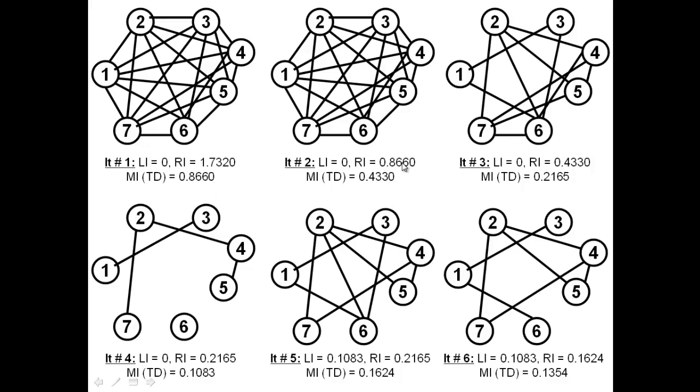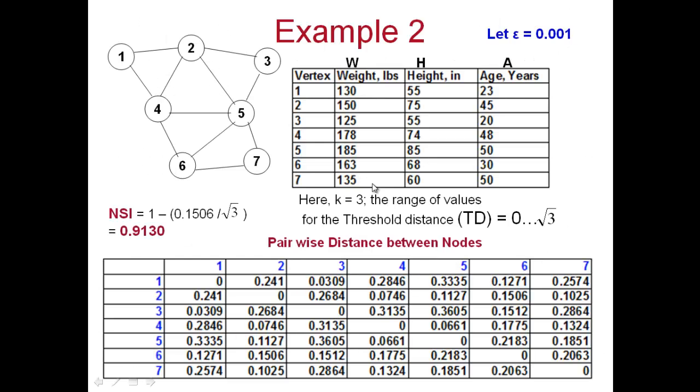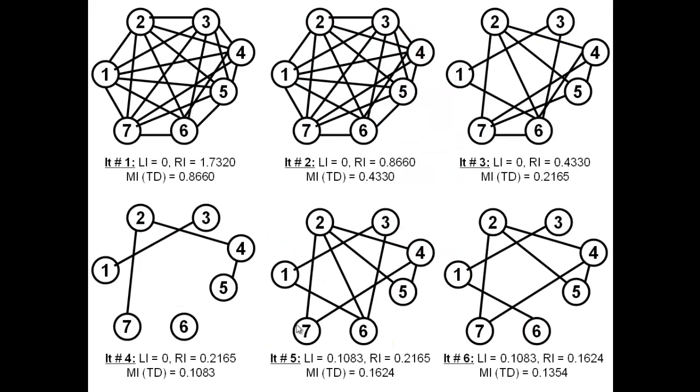So the new left and right index are this, and so the middle index is the average of these two, which is 0.4330. So if you go back again to the distance matrix, all the entries are going to be less than 0.4330. So again we get a complete graph. So move the right index further to the left by setting it to be 0.4330.